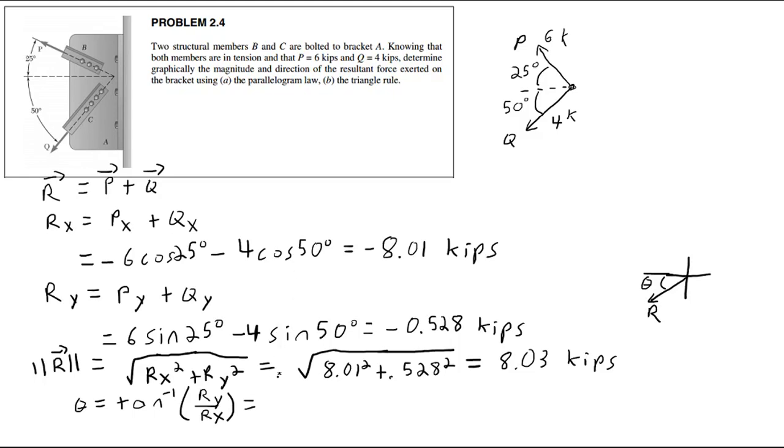I can just get a result using positive numbers and report it appropriately. 0.528 over 8.01. So inverse tan of that over that, and I get 3.78 degrees.